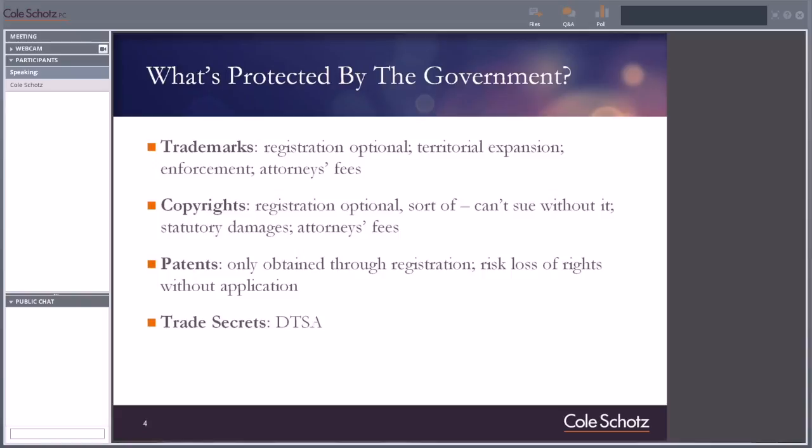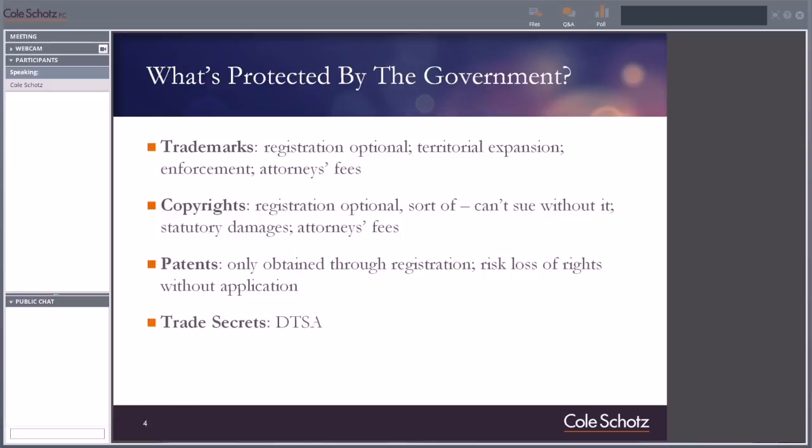Continuing with our tripart theme, looking first at trademarks, there are numerous benefits to registration. As you can see on our slide, registration is optional for trademarks and copyrights. We'll talk about what that means with respect to each, but highly desirable in any event.